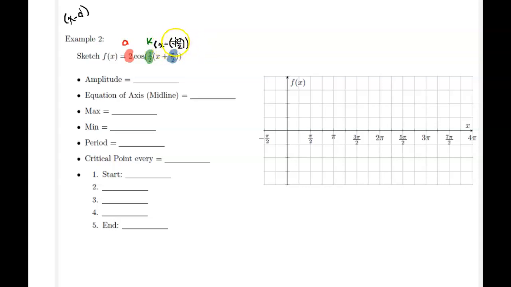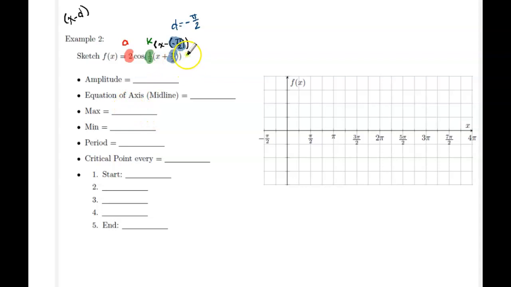Because a negative times a negative makes that positive here. So in fact, my value of d is actually going to be negative pi/2. So that's something to be very careful of here. It helps you to rewrite it out like this, and by all means, you can go ahead to make it more clear for yourself.